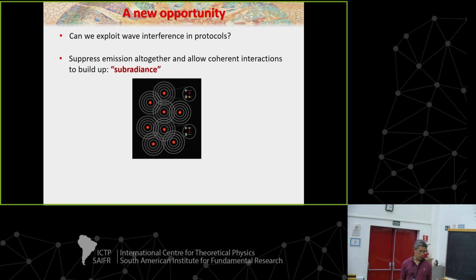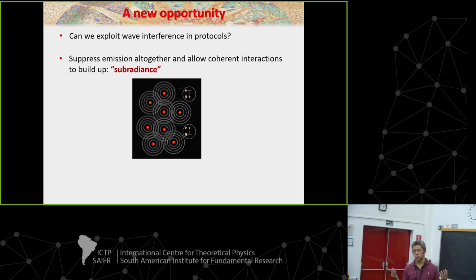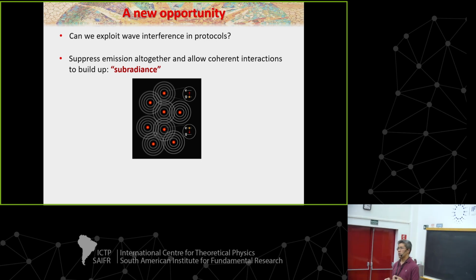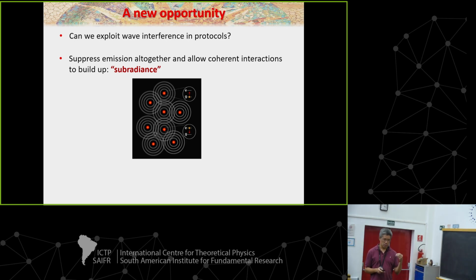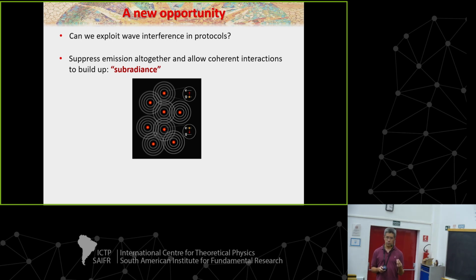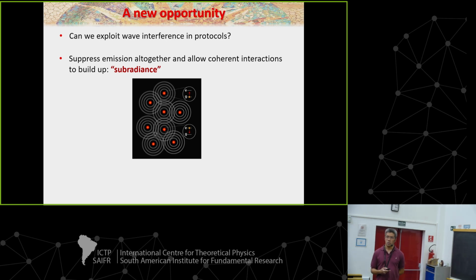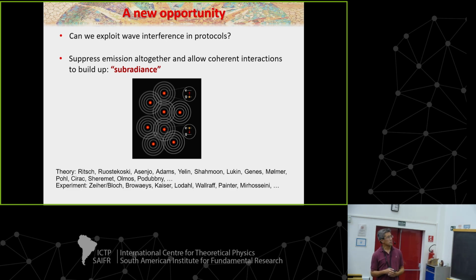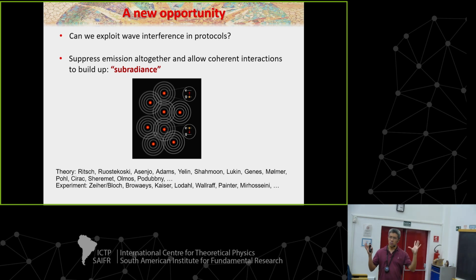And then, if your excitations can basically live forever, then any small coherent interaction that you have can accumulate, and eventually you might be able to build up some interesting strongly correlated state. So that's where the notions of emergent phenomena and quantum many-body phenomena might start to become plausible.